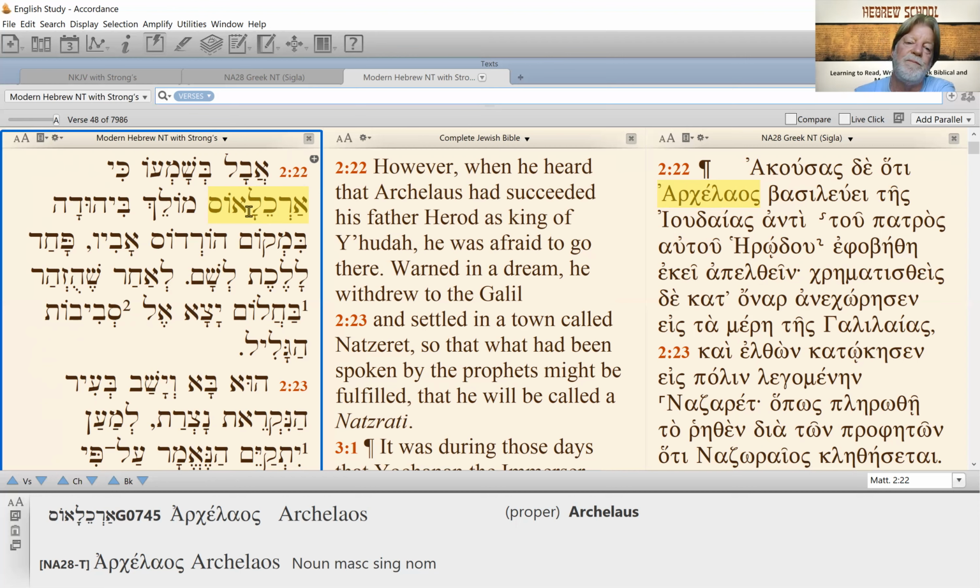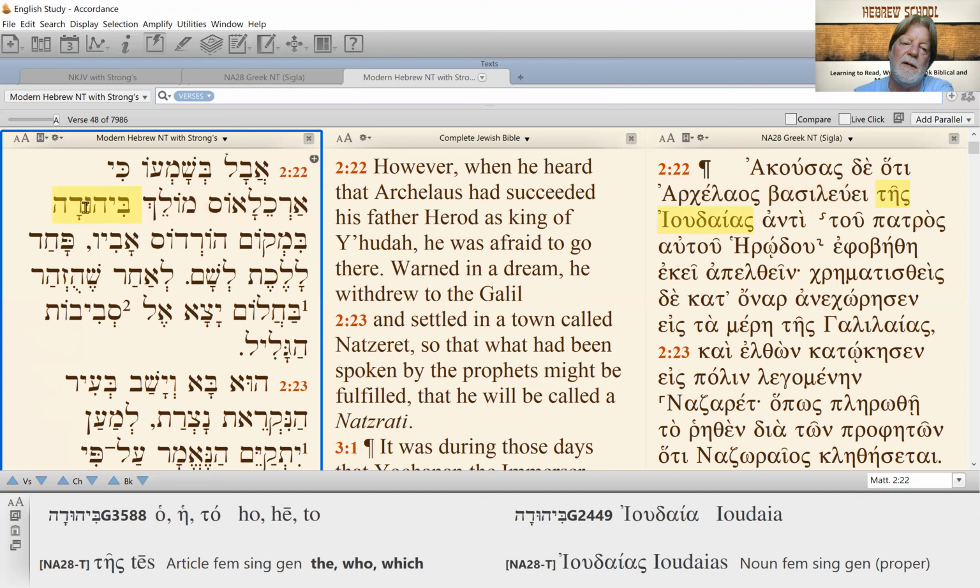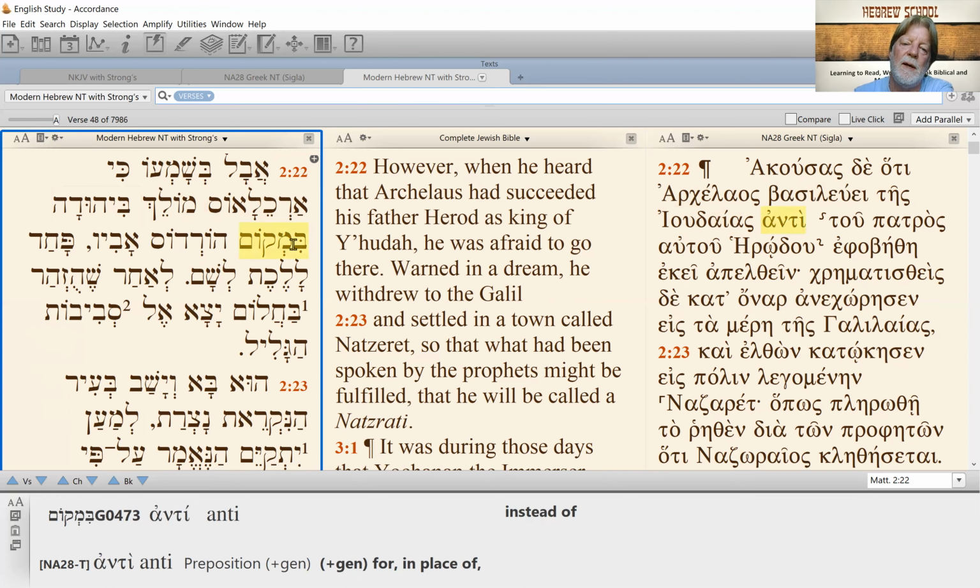But when Joseph heard that Archelaus, Molech, was kinging, this is a participle form of the verb to rule as a king. He was Moleching, Beahuda, in Judea, Beit, a prepositional prefix, in Yehuda, the territory of Judah.